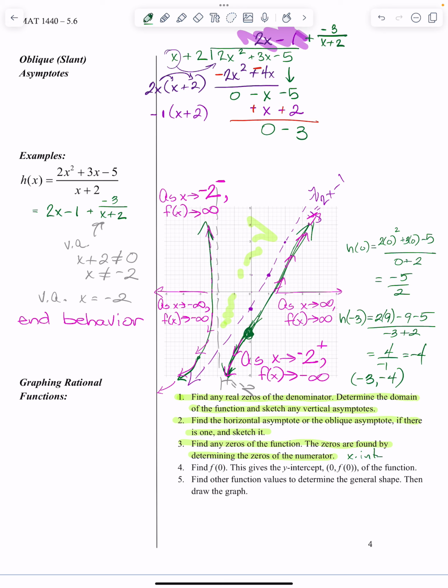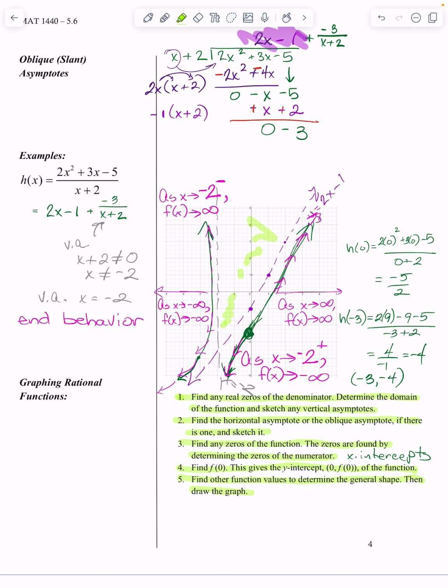Right, that's going to be where the graph crosses the x-axis. And then you're looking for f of 0. That's your y-intercept.